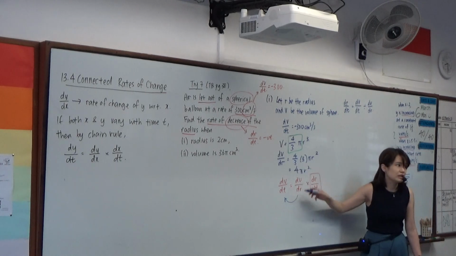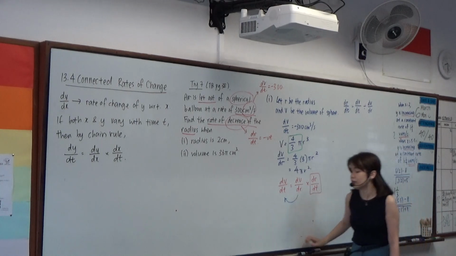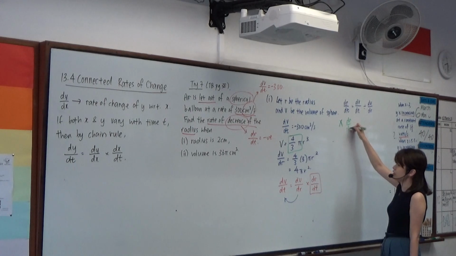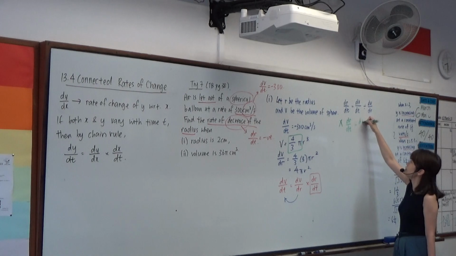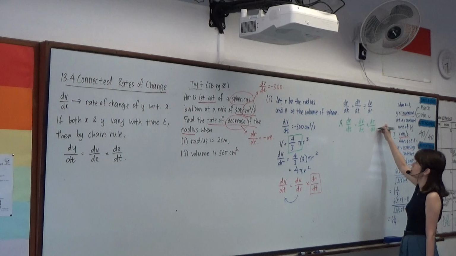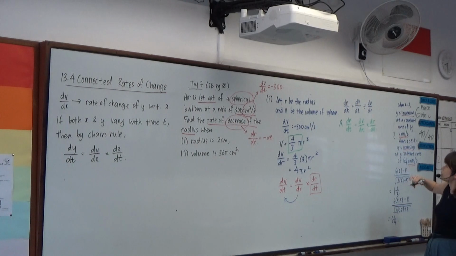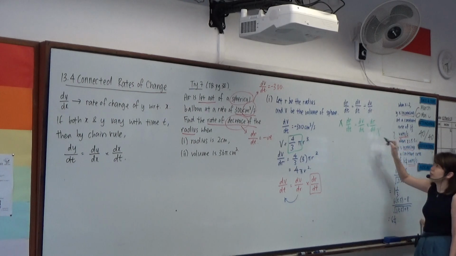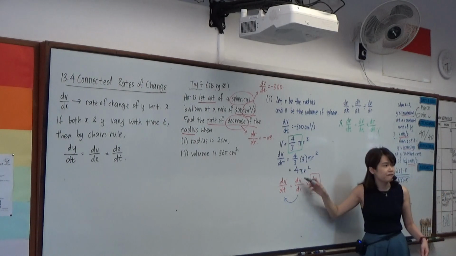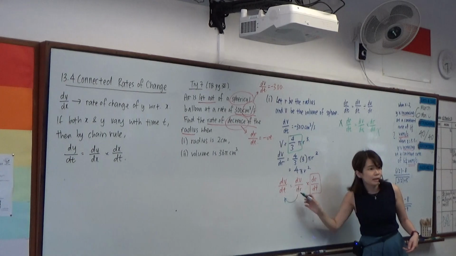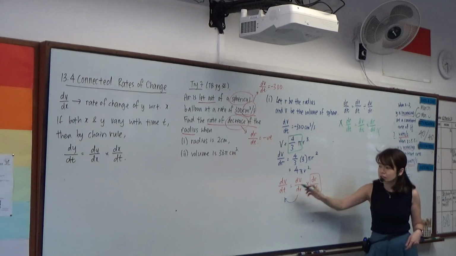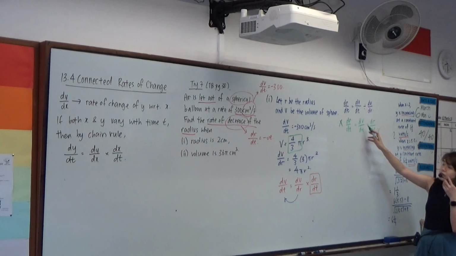Please do not write dr over dt equals dV over dt times dr over dV, because you cannot treat this like a fraction where you multiply over the denominator and then divide the numerator. You cannot treat it like a fraction.